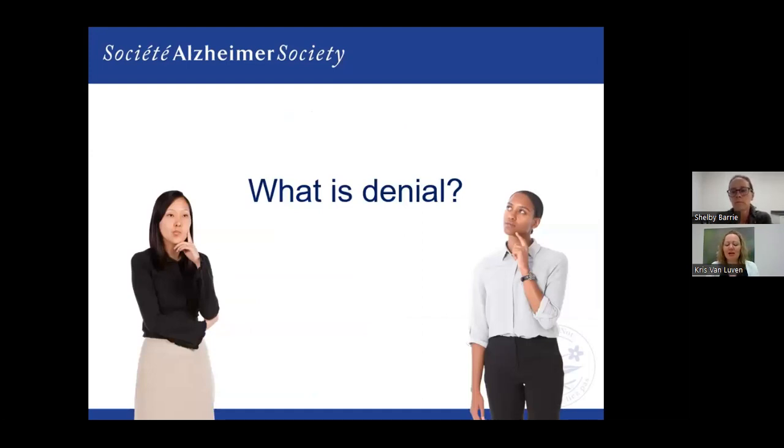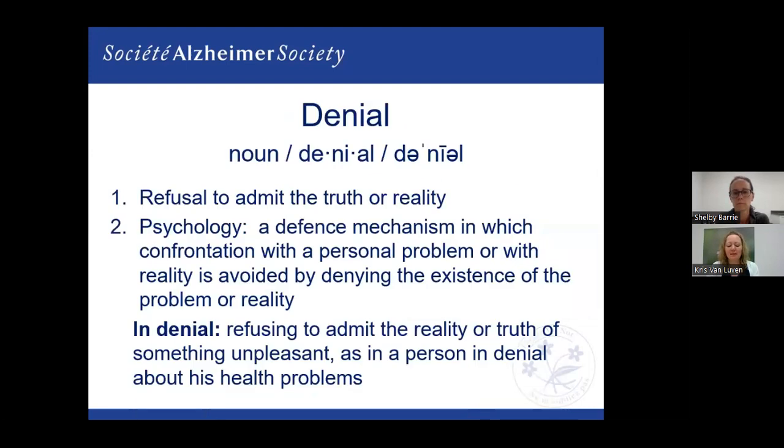Let's get started by looking at the term denial, its definition, and what it means in the context of dementia. So the dictionary definition of denial is the refusal to admit the truth or reality.